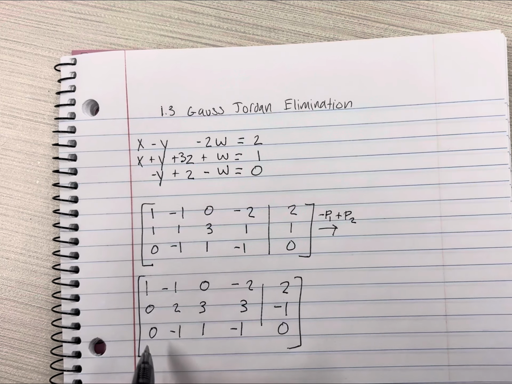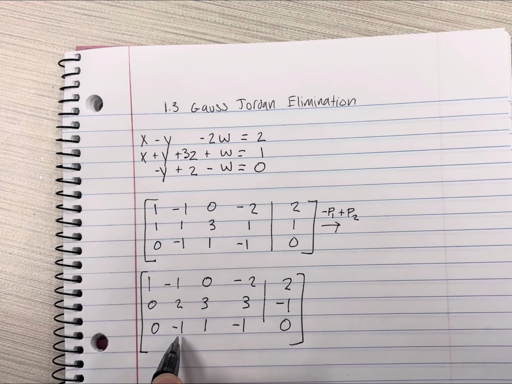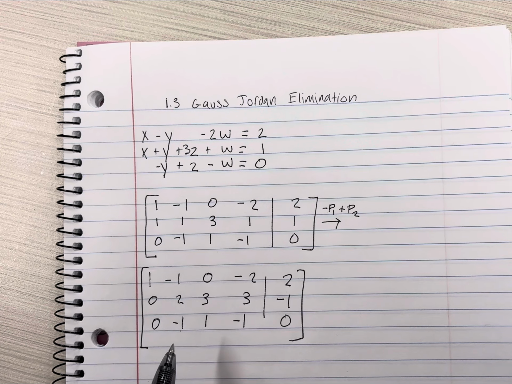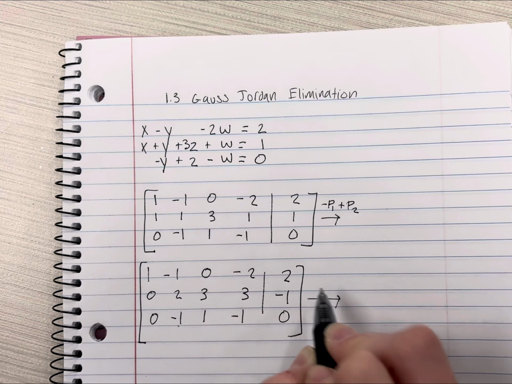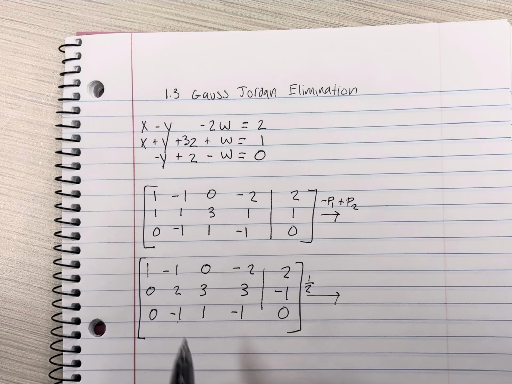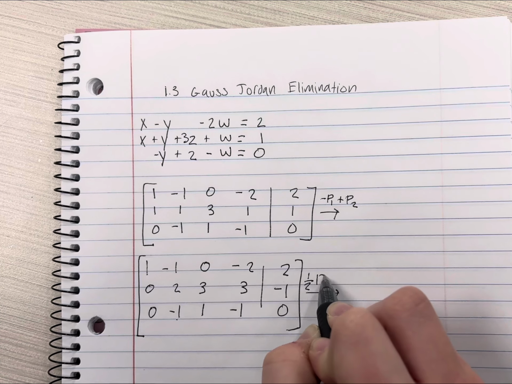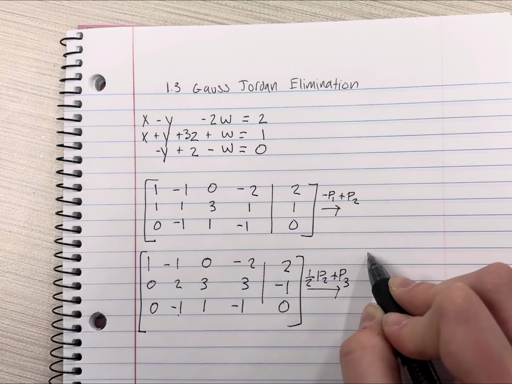So now we already have a 0 right here, so we already have that covered, but we want to target this number now. So what we're going to do is simply multiply the second row by its scalar 1/2 to turn this number into a 1, and then we're going to add row 3. So we're going to go 1/2 row 2 plus row 3, and put it right here.